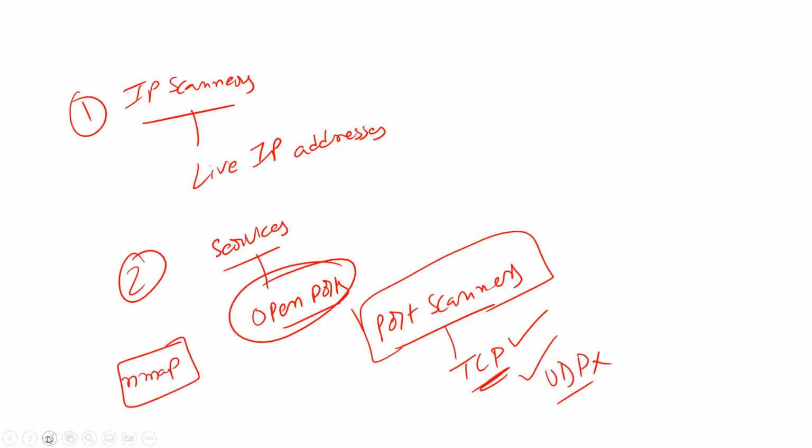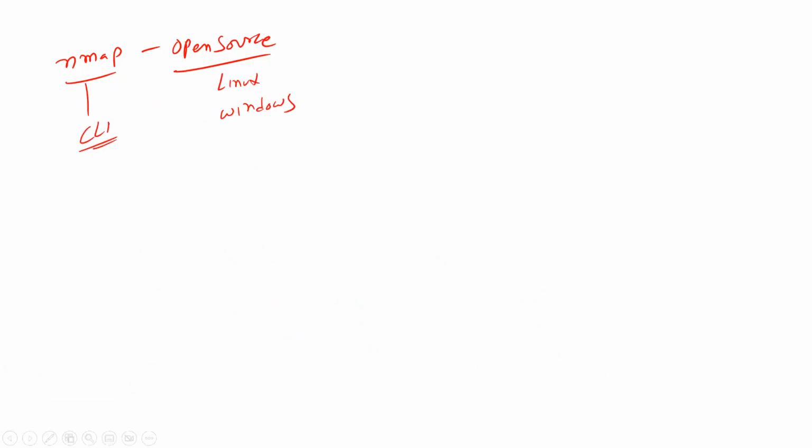Nmap is an open source application available for Linux as well as Windows platforms. Basically, Nmap is a command line application. So you type the command with all the required options that you have selected, and Nmap will perform the scan according to the options you have chosen and then show you the result.